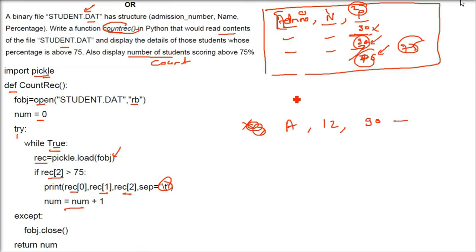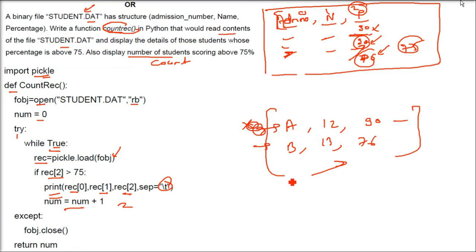This will go again and again till all the people whose percentage is above 75 are counted. In the example I showed you, 30, 90 and 76, only 2 will come, because 90 and 76 are higher than 75. Then finally you have to put num equals num plus 1, and you have to print num. Before that, you have to close the file handle which you opened earlier.